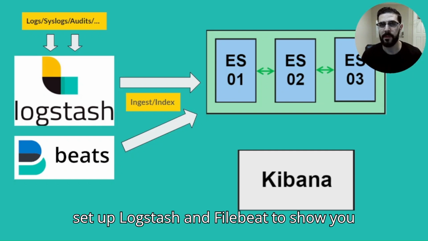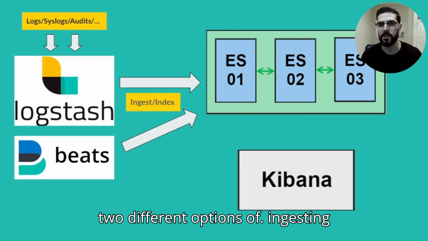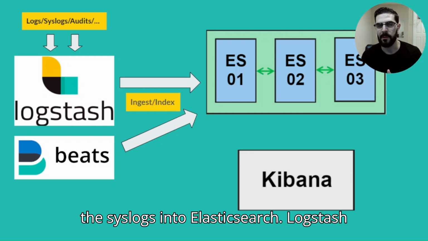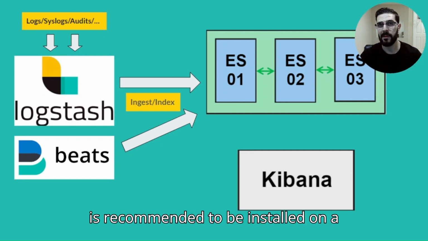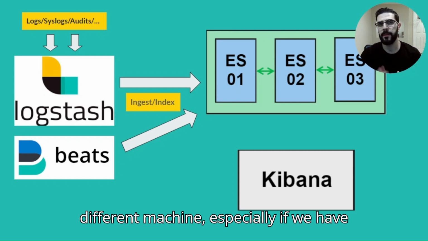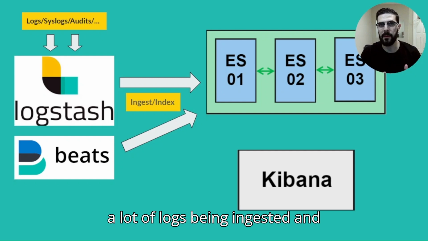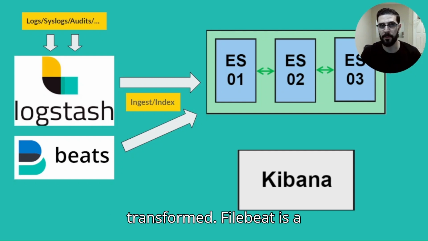And that's why we will set up Logstash and Filebeat to show you two different options of ingesting the syslogs into Elasticsearch. Logstash is recommended to be installed on a different machine, especially if we have a lot of logs being ingested and transformed.